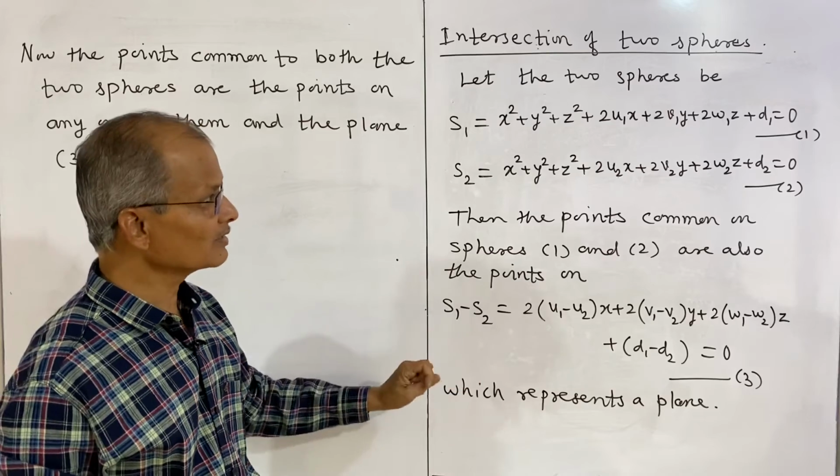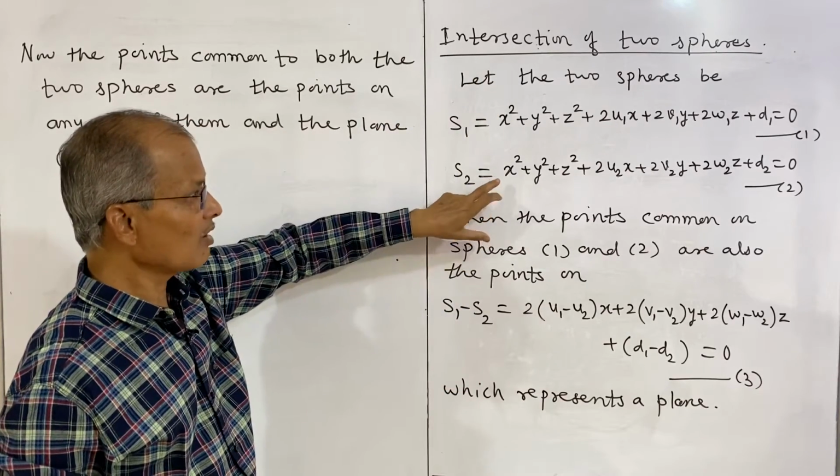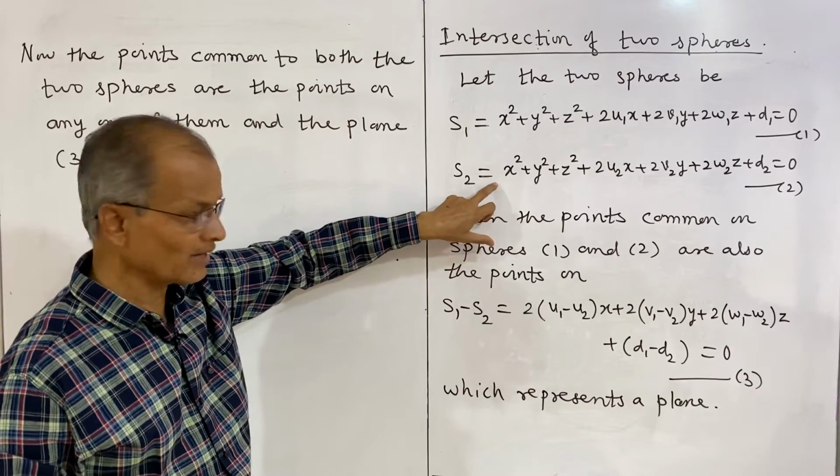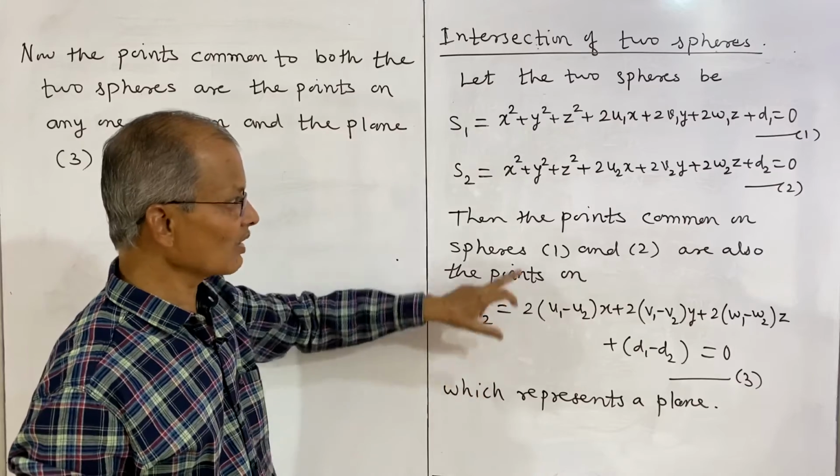Or the common points of intersection of two spheres will be the points on S2 equal to 0, second sphere, and this plane. So either 1 and 3 or 2 and 3.